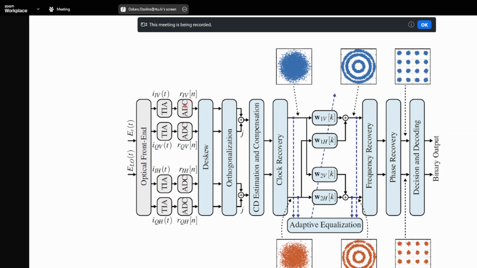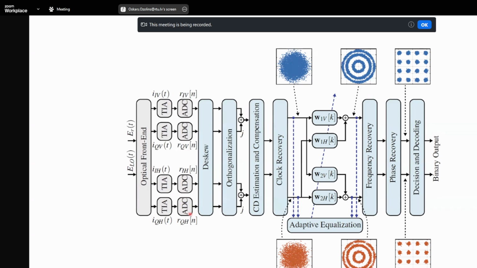This would be the analog to digital converter. What we use in the lab is called a digital storage oscilloscope, but in principle that's an analog to digital converter with a certain bandwidth and sampling rate.